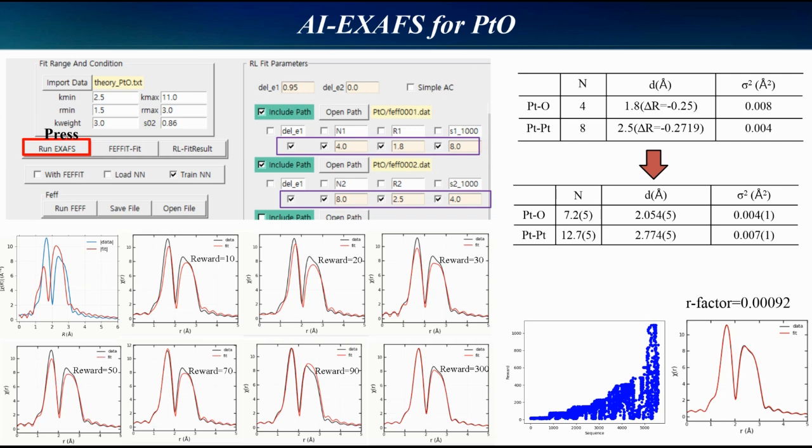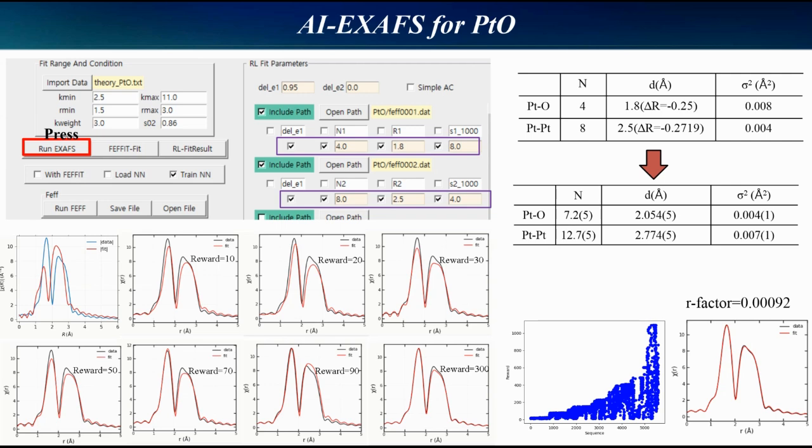Please note that in JAI-EXAFS, parameters such as energy, coordination number, bonding length, and sigmas for all paths are not constrained, which is a major advantage compared to FEFFIT fitting.